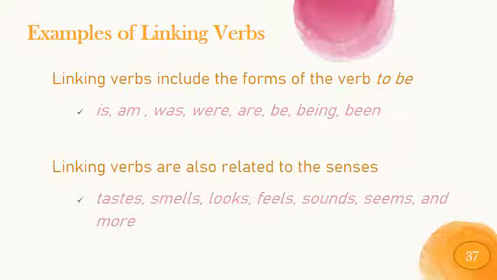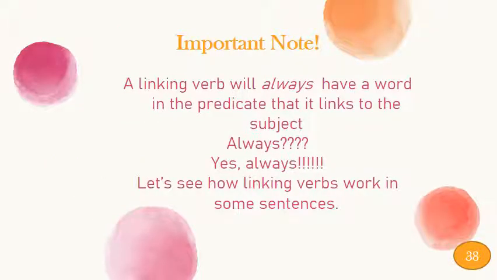So the linking verb just connects the subject to the predicate. It doesn't include any action or any physical movement. There's an important note that you have to pay attention to. A linking verb will always have a word in the predicate that it links to the subject. So always, always, always. Yes, always.